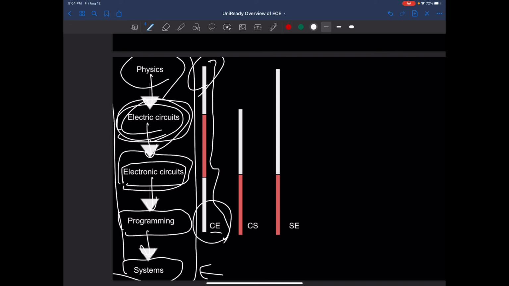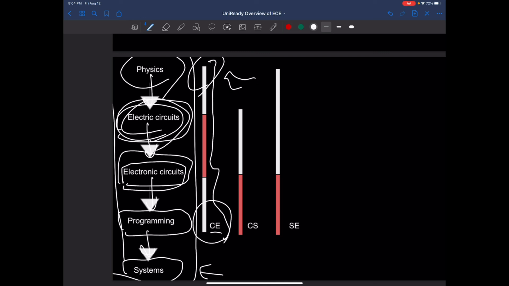And programming, as you can guess, that's more of a CS and SE, software engineering kind of thing. Because although computer engineering students do a lot of programming, computer science and software engineering students focus on that a lot more than computer engineering students do. And with these two representations here, computer science students usually don't deal with physics at all.